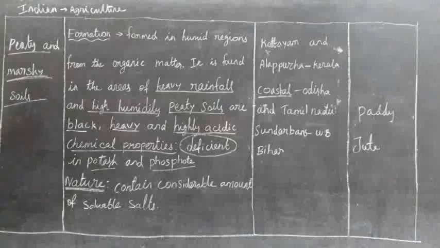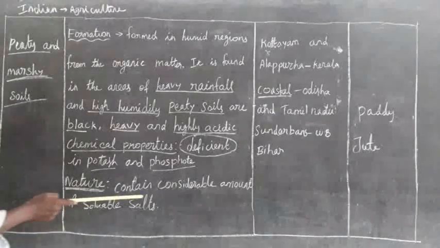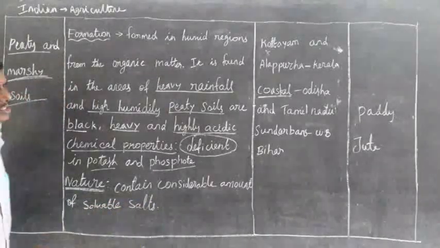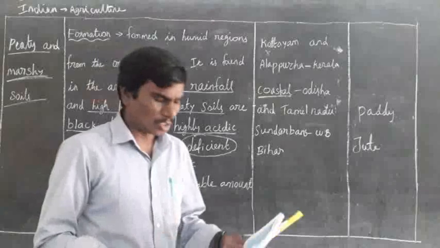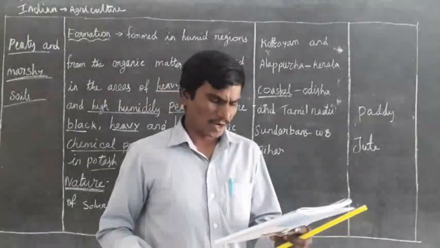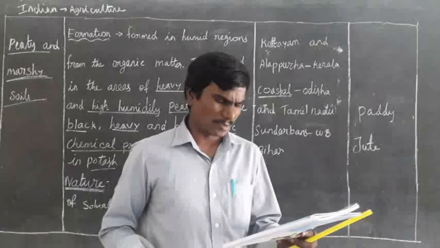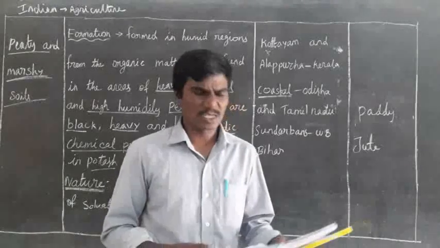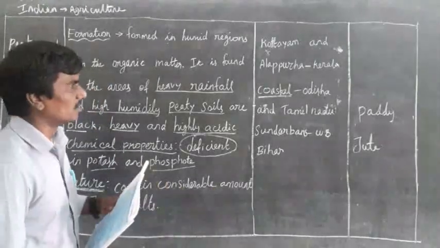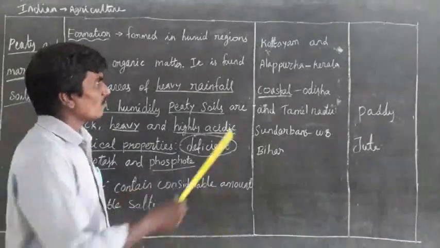Next one is nature. It contains a considerable amount of soluble salt, and 10 to 40% organic matter, with a high proportion of vegetable matter.